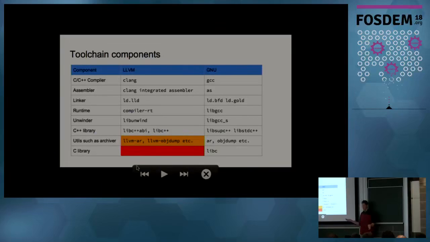compiler-rt is a library that's equivalent to the libgcc in the GCC world. There's libc++abi and libc++, equivalent to libstdc++, so it's still C++. Typically, as an end consumer, you kind of pretend that libc++abi and libunwind don't exist.